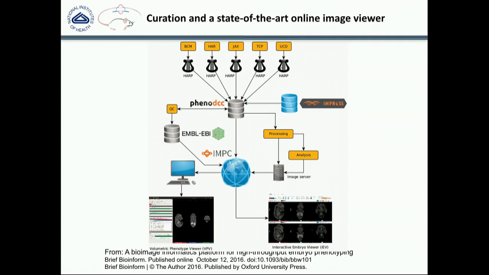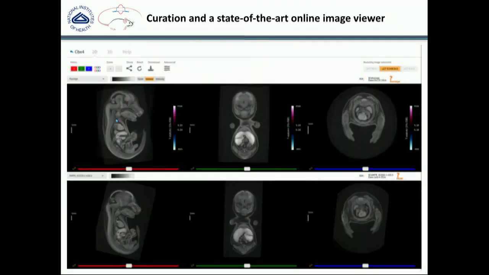So the culmination of the collection of the data and the QC, the comparison between our embryo data and adult data, all of that can happen through this system, and then ultimately users can pull up the data on a 3D viewer that might look something like this, where they can directly compare slices in a variety of different directions between mutants and wild-type embryos.